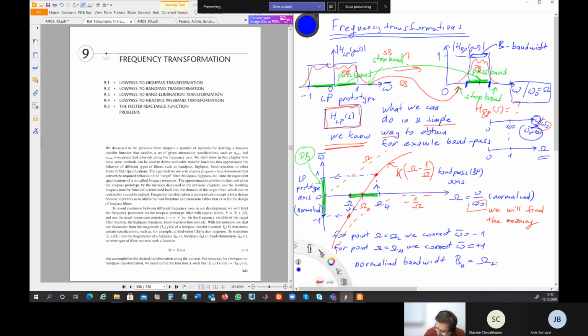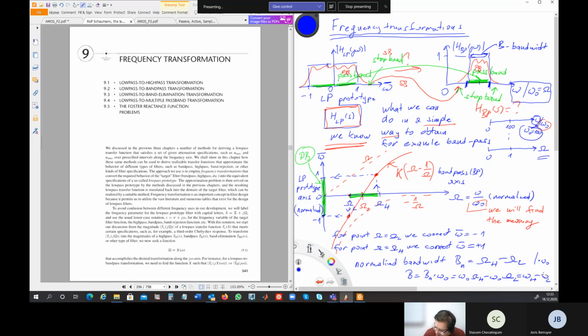This is omega h minus omega L. Of course, if we multiply everything by omega 0, then we have B, which is Bn times omega 0, which is omega 0 omega h minus omega 0 omega L, which is small omega h minus omega L. These are denormalized.